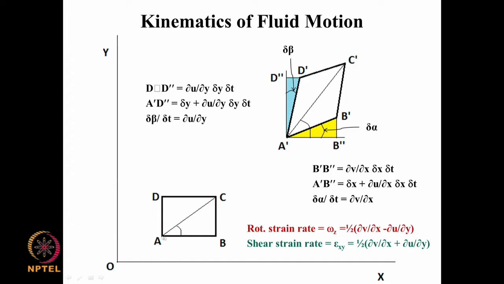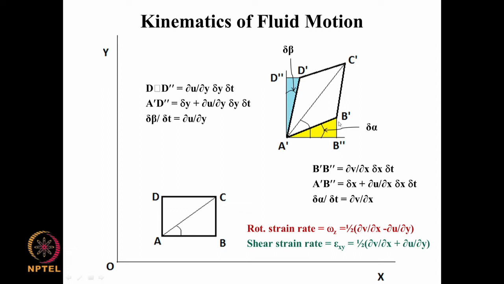A has moved this much in the x direction, it has come up here, and B has moved this much in the x direction, it has come up here, but relative to A it has moved more in the vertical direction. How much more it has moved is B prime B double prime. This distance is how much B has moved up relative to A in the vertical direction.